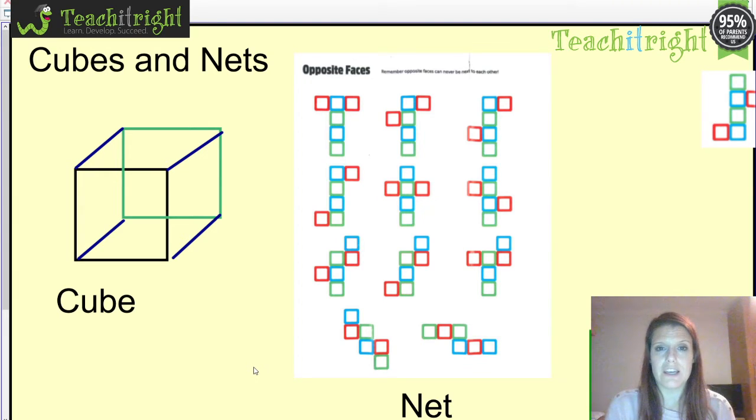On this sheet here, you can see that the faces are color-coded. And I'm going to talk a little bit more about that in detail on the next slide, but it's because they are pairs. They will be opposite faces. So when the net is folded up to form the cube, those faces will be opposite each other. Red opposite red, blue opposite blue, green opposite green.